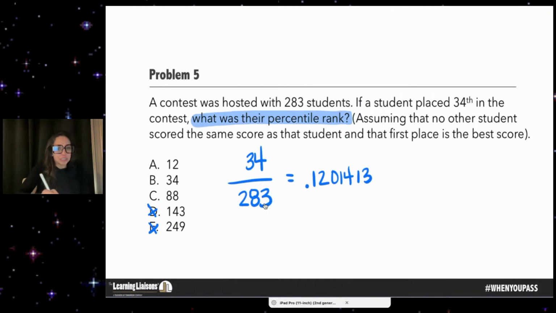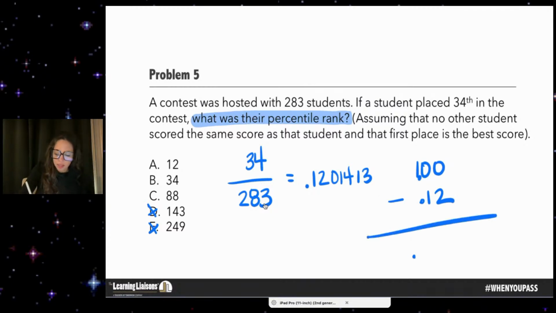I need to flip this percent because you are in the top 12%. However, if I subtract 1 whole minus 0.12, that gives me 88%. So I scored higher than 88% of the students.